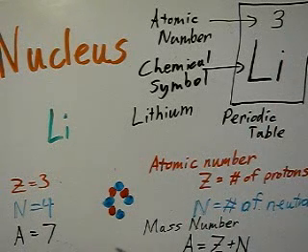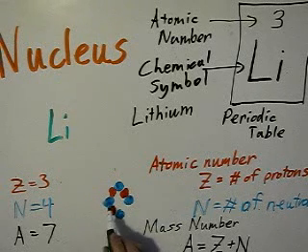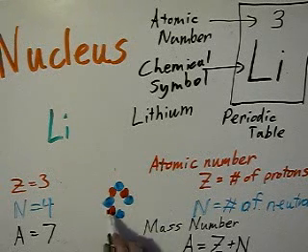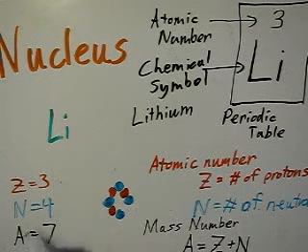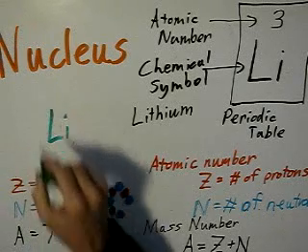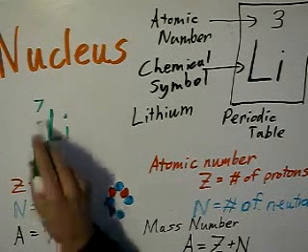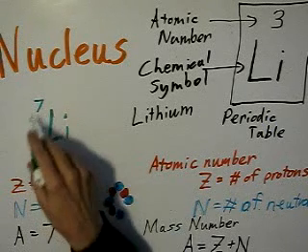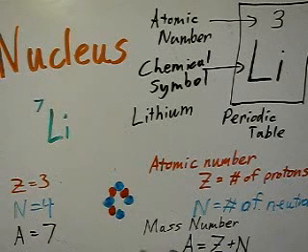There it is, 3. But I also want to write down what type of lithium atom it is, and in order to do that, I need to write down the mass number. So the convention is that we write the value of A up on the upper left, like that. So lithium 7 is shorthand for telling us that we're looking at this type of nucleus.